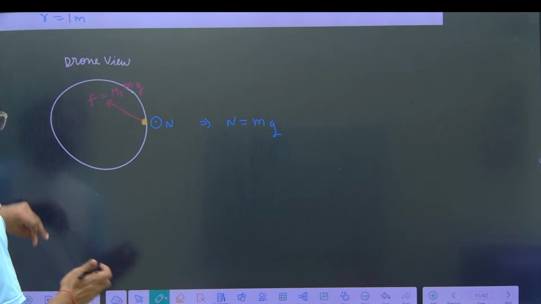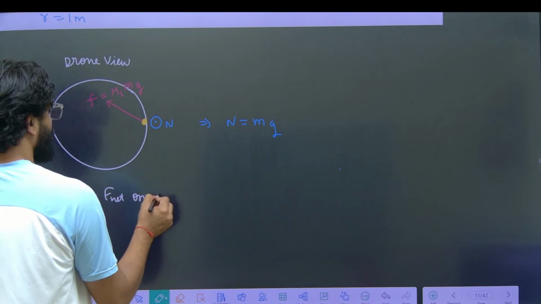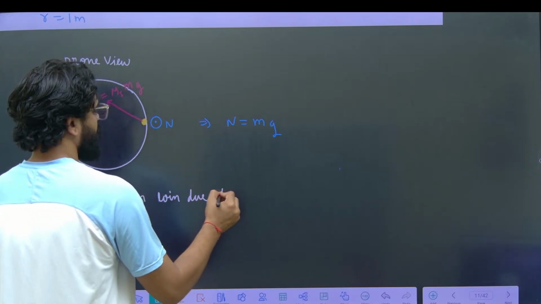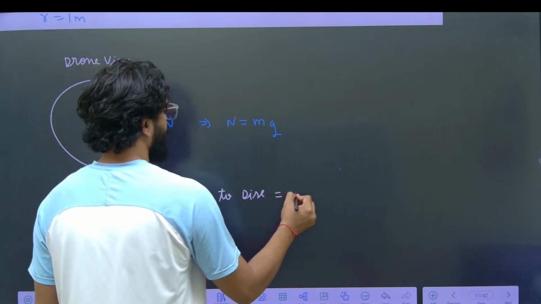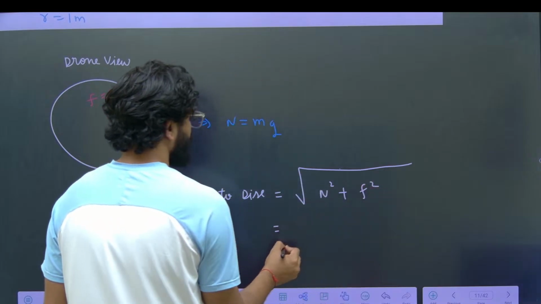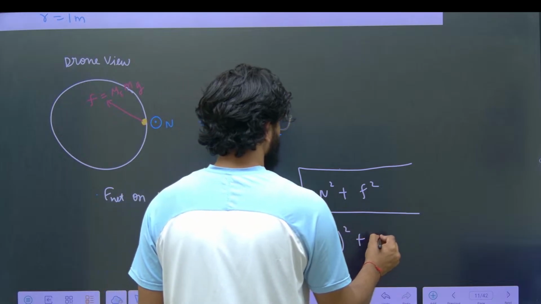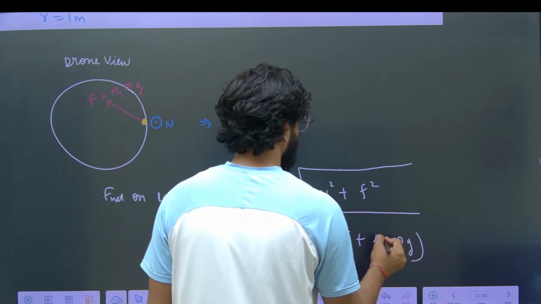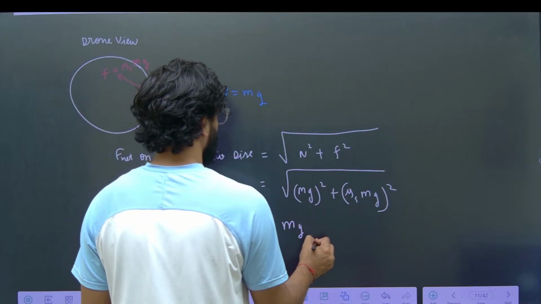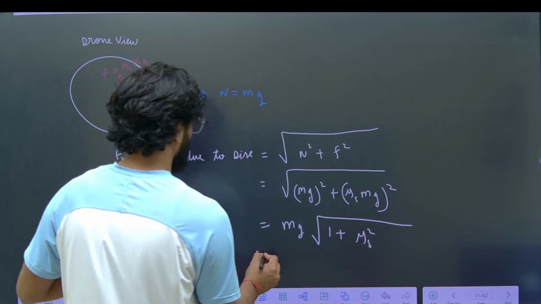So F net on coin due to disc will be under root N square plus f square. So it will come out as under root of mg square plus mu s mg square, okay. So mg will be taken out like this, and this is 1 plus mu s square. So we just have to calculate it.